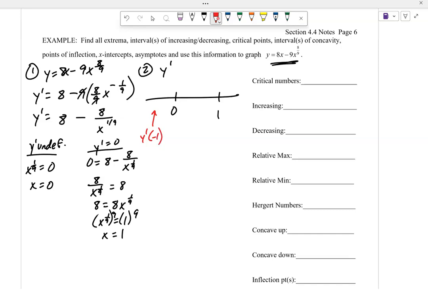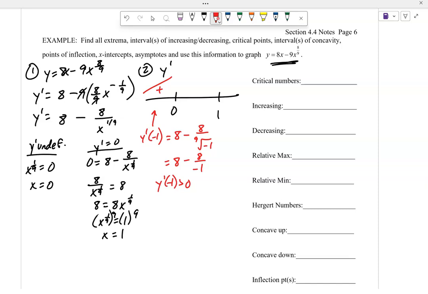So I got 8 minus 8 over the 9th root of -1. Well, the 9th root of -1 is -1. So I got 8 plus 8. So y prime of -1 is positive. So positive, so we're increasing.